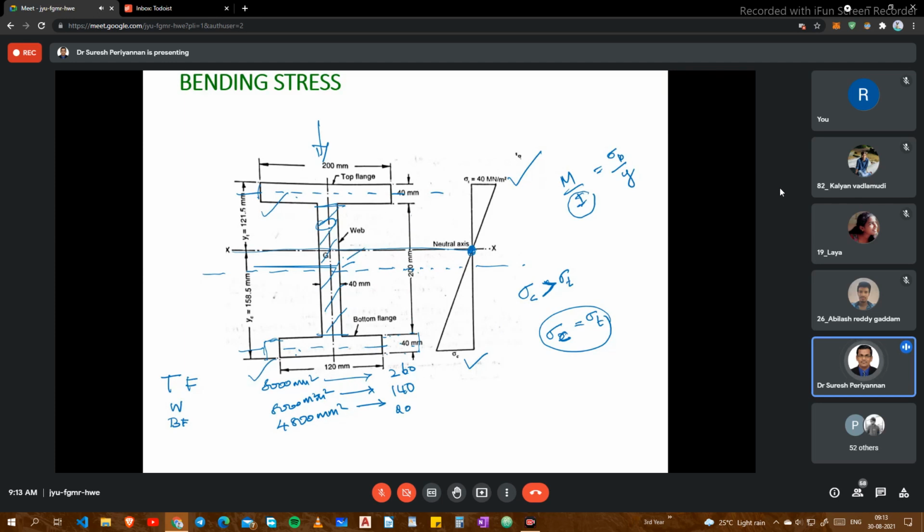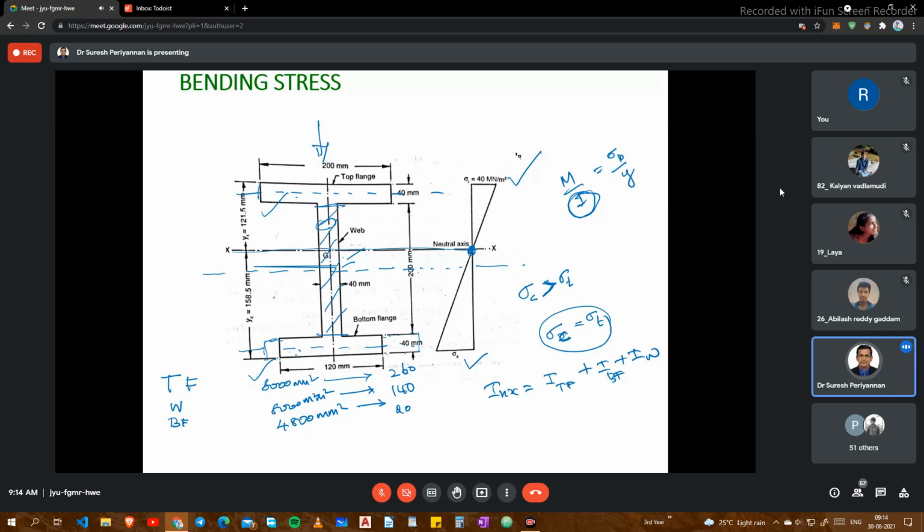There are different dimensions. Hence we have to find out our moment of inertia with respect to this axis. I mean, the moment of inertia with respect to x, Ixx, is equal to I for top flange plus I for bottom flange plus I for web.